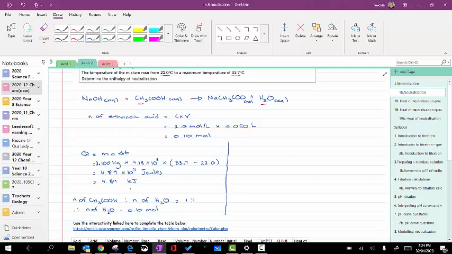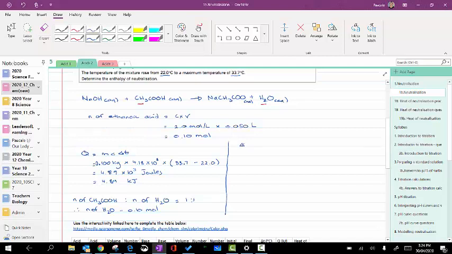Okay, the last step is to work out the enthalpy of neutralization. We're going to have to divide Q by the number of moles of water. The other thing to think about is that the enthalpy of neutralization is the heat change, and in this case heat is being released. So we're going to have to change the sign for Q. Since the heat is released, Q is actually negative.